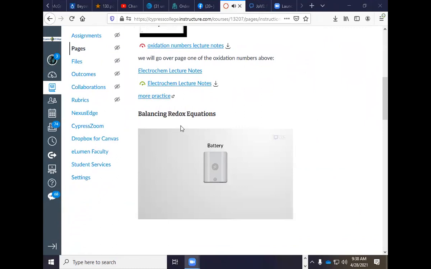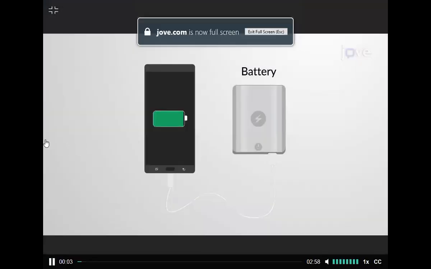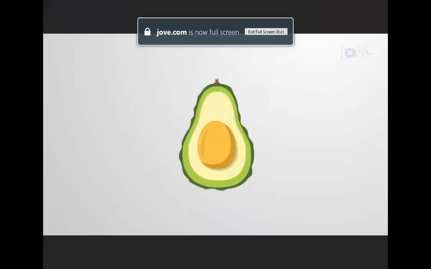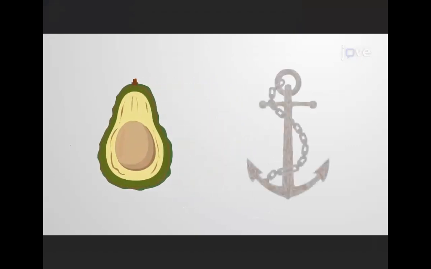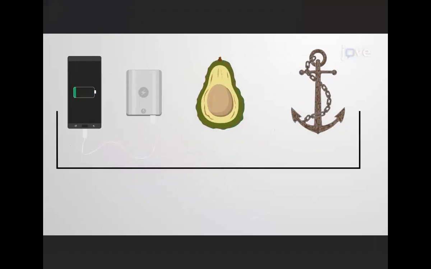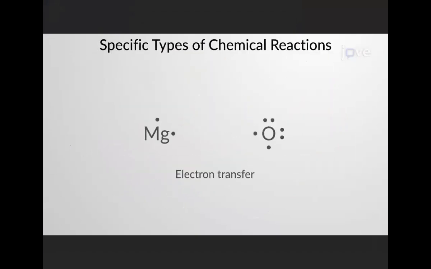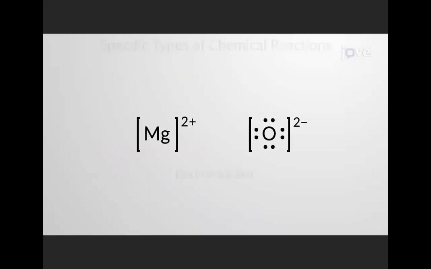How does a battery provide electricity to operate portable devices? Why does a cut avocado turn brown or metal rust underwater? These processes are driven by specific types of chemical reactions involving electron transfer from one atom to another. The atom losing electrons is oxidized, while the atom gaining electrons is reduced.